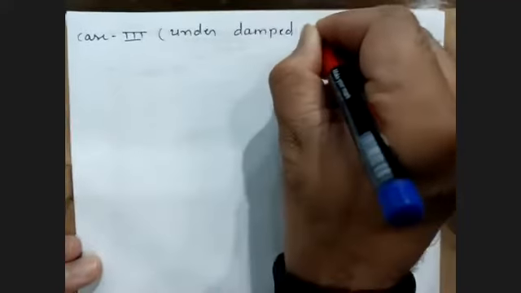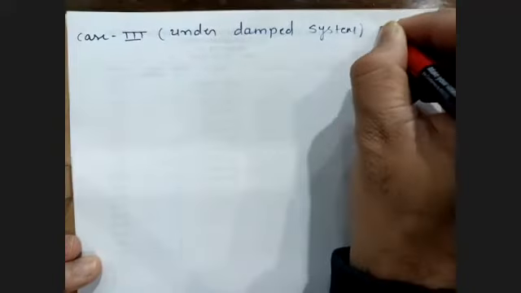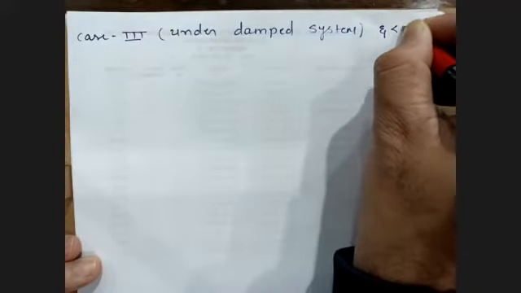Okay, now let's move to the third case, nothing but the underdamped system, which has zeta less than 1.